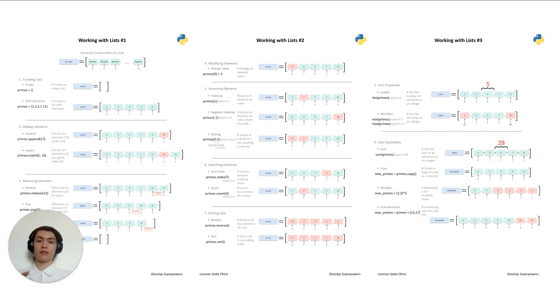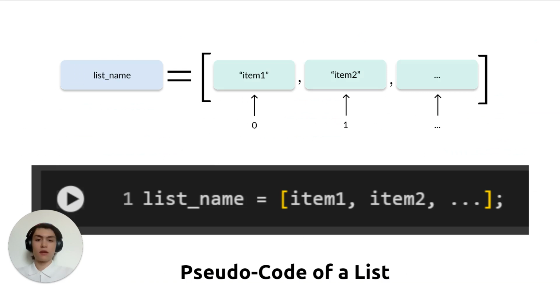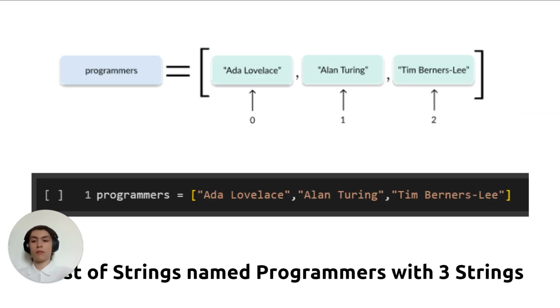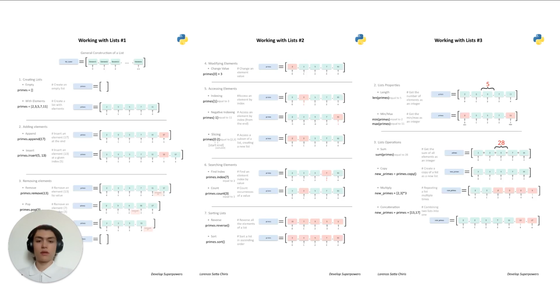So name, square brackets, and then the index. If I want the first element, its index is going to be 0. In programming, we start counting from 0. So we do name, square brackets, 0, and I get the first element in my list. So for instance, here, if I say programmers, square brackets, 0, I will get Ada Lovelace. So print programmers[0], the programming language is going to print Ada Lovelace.